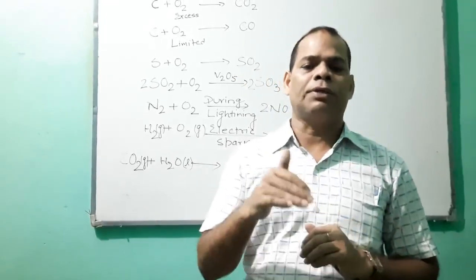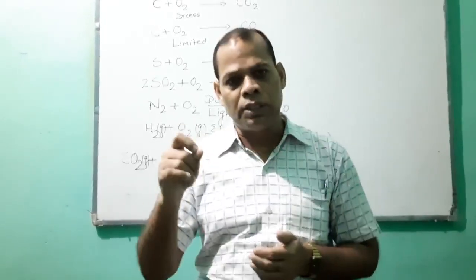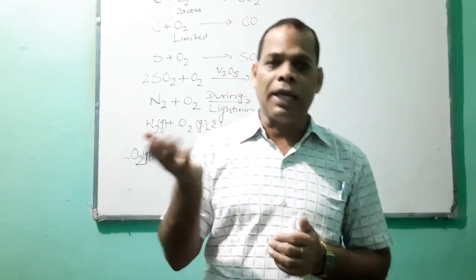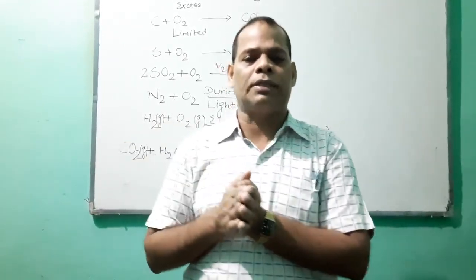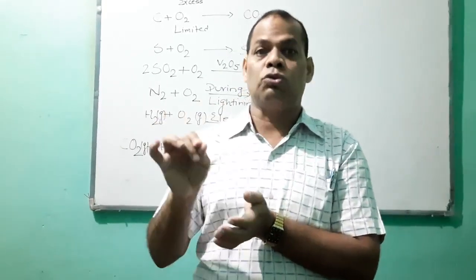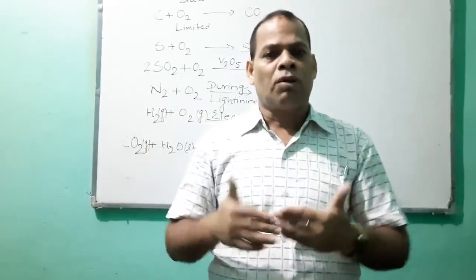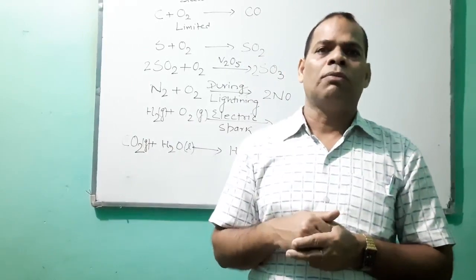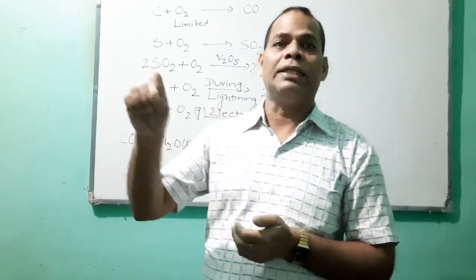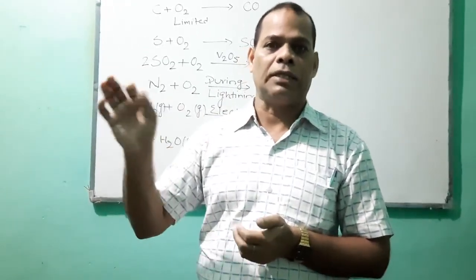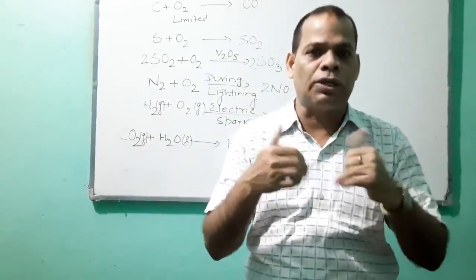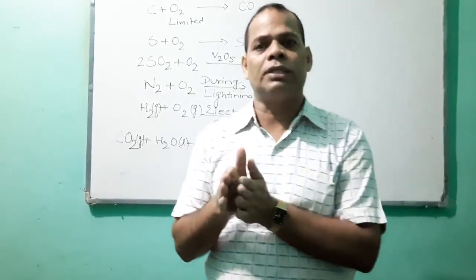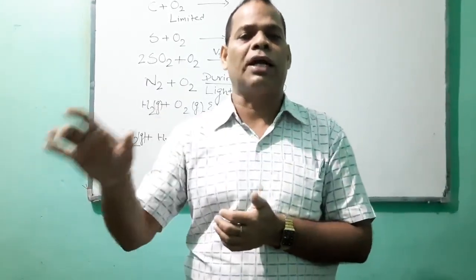So fluorine prefers to gain 1 electron and acquire the nearest noble gas configuration, that of neon, 2, 8. So when fluorine acquires 1 electron, it becomes the fluoride ion, F minus. Similarly, all other non-metals have a tendency to gain electrons and form negative ions, showing electronegative character.